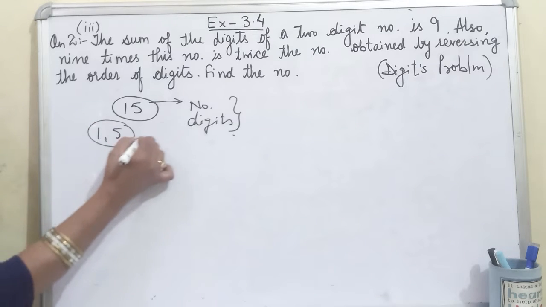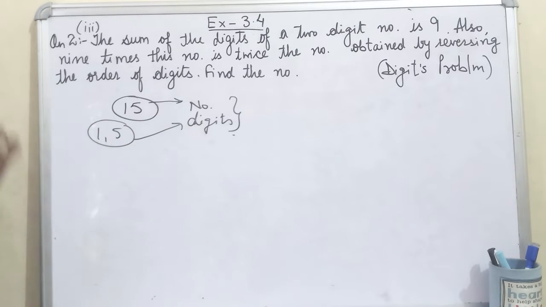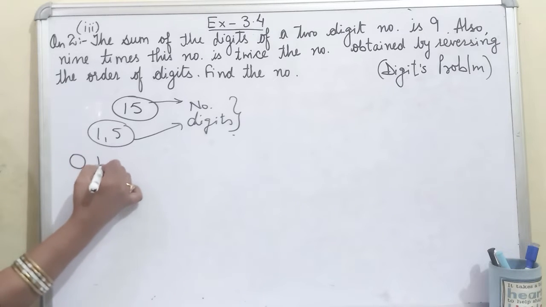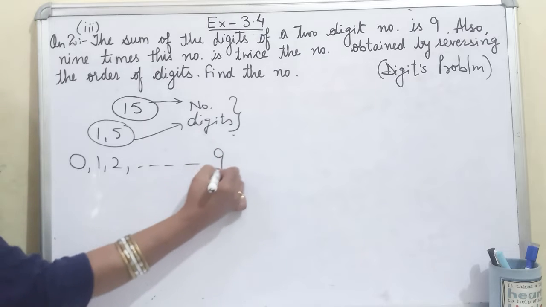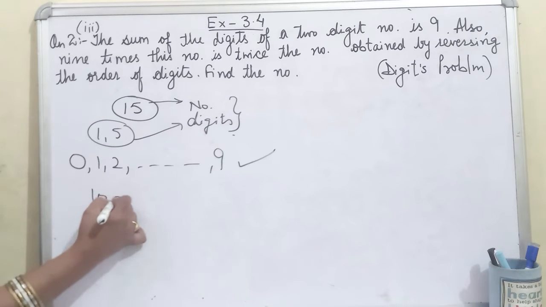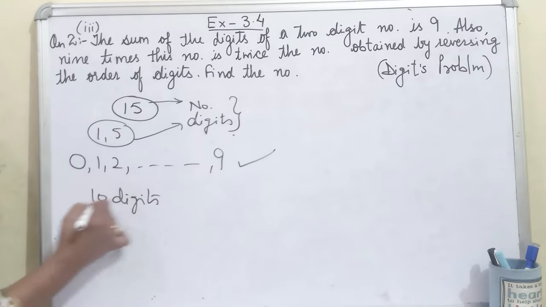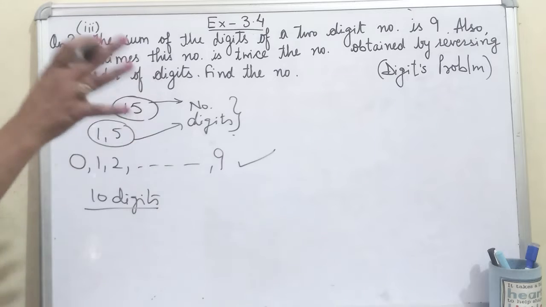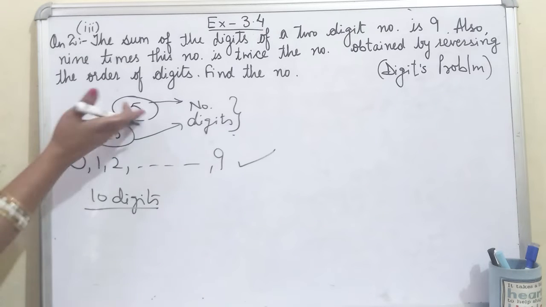Are you getting the things? Digits are from 0 to 9. So how many total digits are there? 10 digits are there. But by using these digits we can make infinite numbers. One of them is 15.